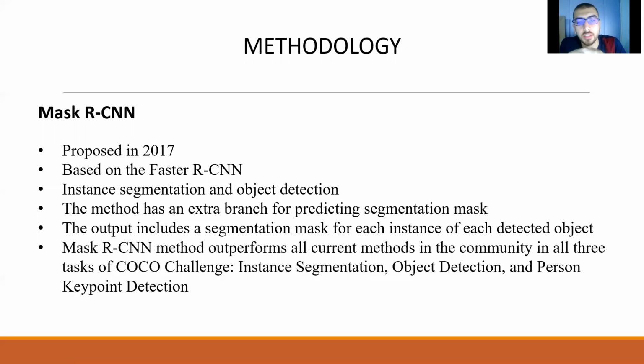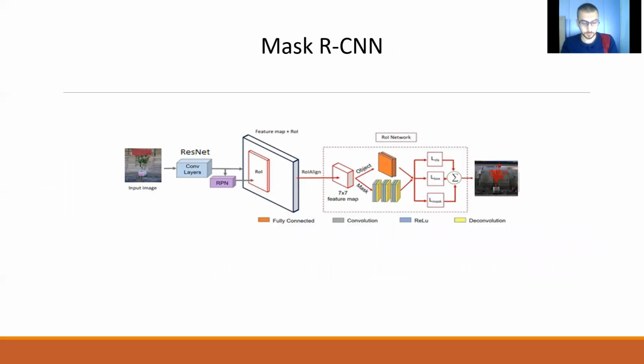This method has an extra branch for predicting a segmentation mask as an output for each detected object. Mask RCNN outperforms all current methods in the community in all three tasks of the COCO Challenge: instance segmentation, object detection, and person keypoint detection.